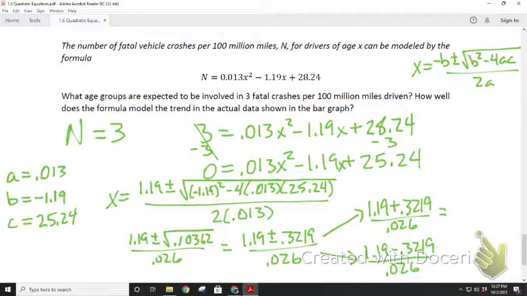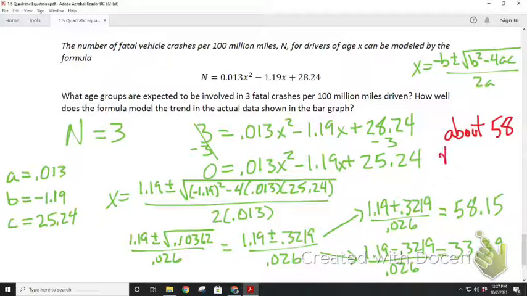And I get 58.15 and 33.39. So we can say, let's make it stand out with another color, about 58 and 33 years old.